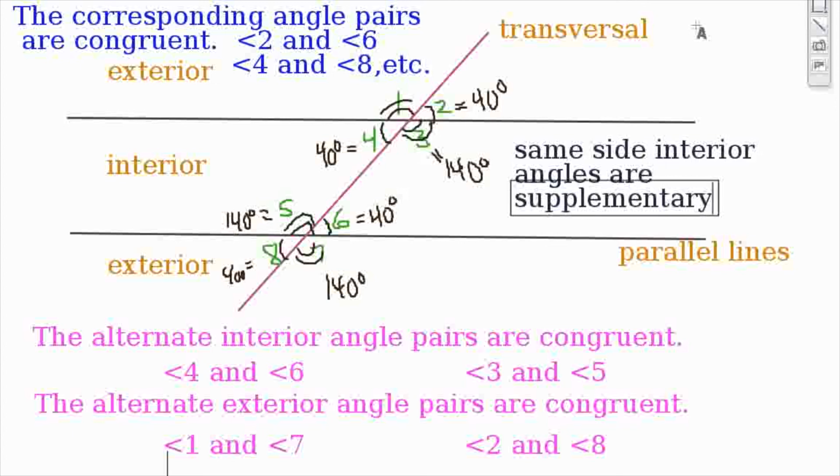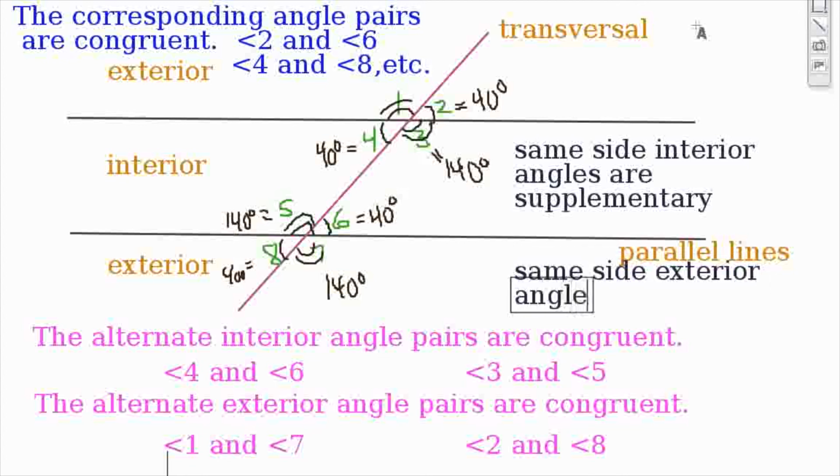They add up to 180. Also, you could say that the same side exterior angles are supplementary because they are. Okay, and so that's all the information that you're responsible for. All right.